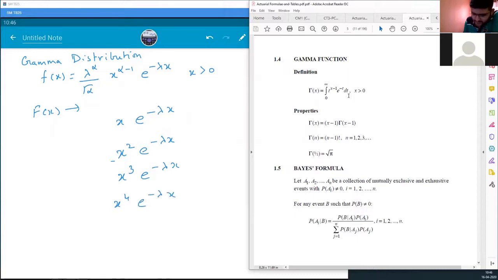So for a particular amount of alpha, I'll be able to solve it. But we know as the power of x increases, the more times we'll have to do integration by parts. We saw that previously in exponential distribution. The more the power of x increases, the more times integration by parts has to be done.